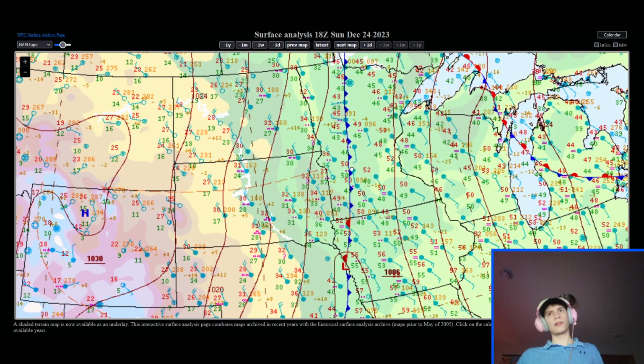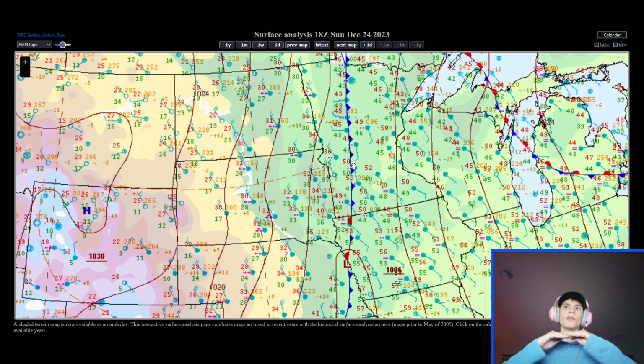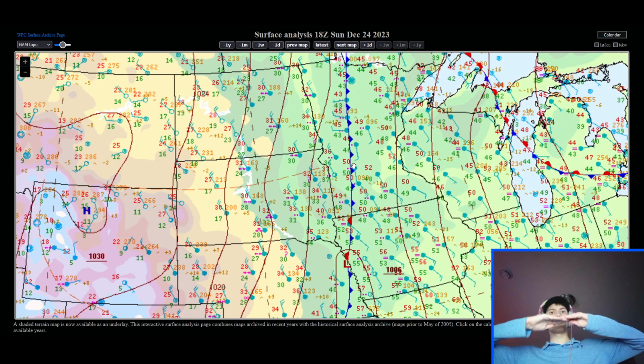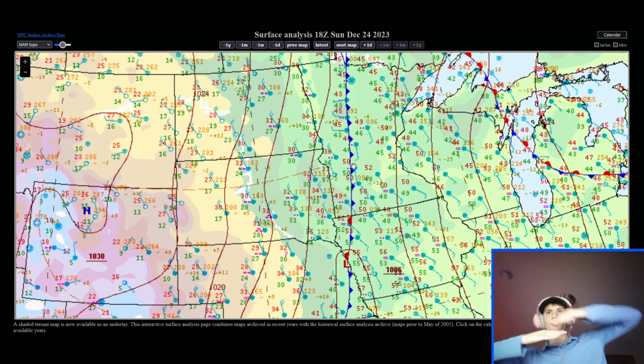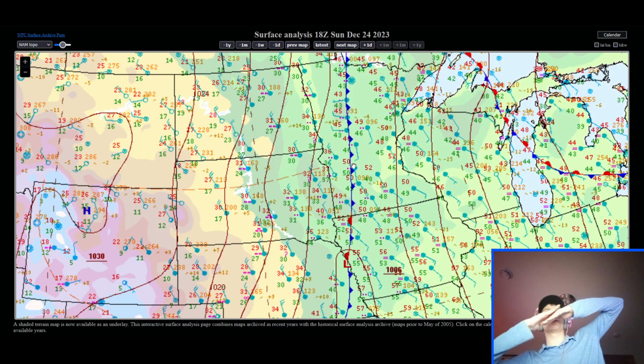And what's going on here is the cold fronts are essentially like a wedge of cold air moving like this. So what happens is when it moves to an area that's warmer, replacing warmer air with cold air, it begins to force warm air up into the atmosphere.